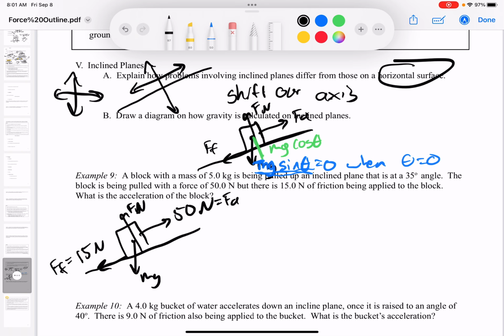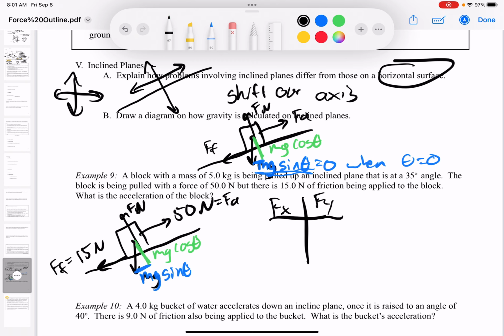Okay, so like we've done before, we can set up an Fy and Fx chart. So we have a couple forces in the x direction, a couple forces in the y direction, but remember we're going to have to split up our mg. So in the blue side, we have mg sine theta, and in the green side we have mg cosine theta. Okay, so let's go ahead and put things in.